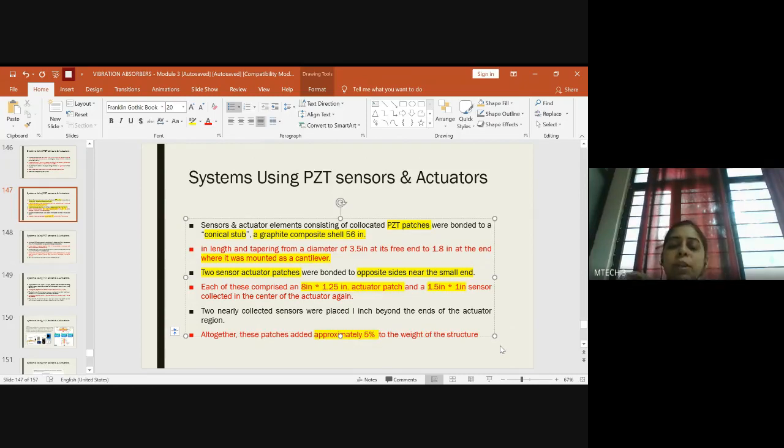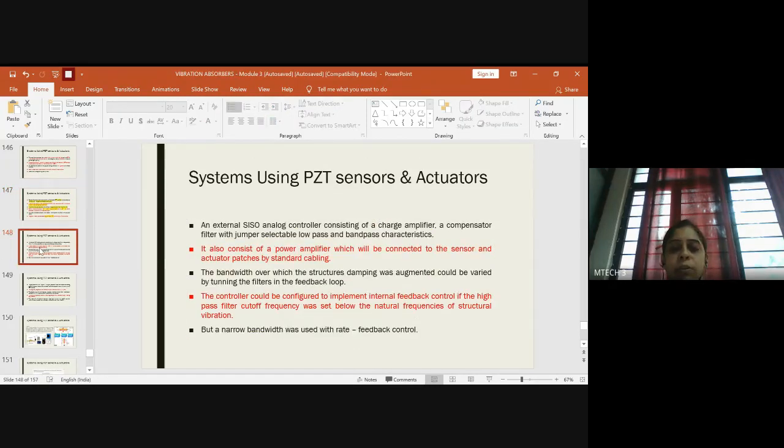So you can have different modes of frequencies. When the weight of the structure increases, the number of modes of frequency also reduces, but it did not affect it very badly because it added only 5% extra to the weight of the cantilever structure. So this was the arrangement he made based on the PZT patches he added to the given cantilever.